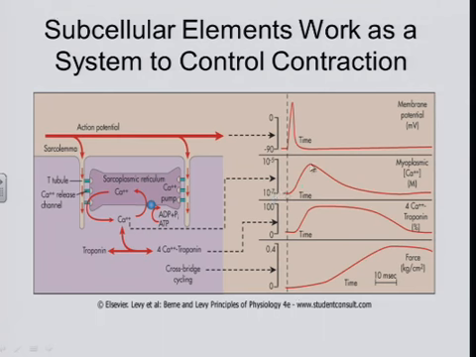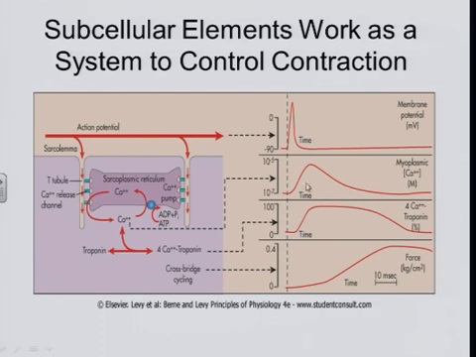Ryanodine sensitive calcium release. Ryanodine is a poison from a plant in South America that works through opening these particular channels, causes you a great deal of rigor. And so you open it up, calcium comes out.